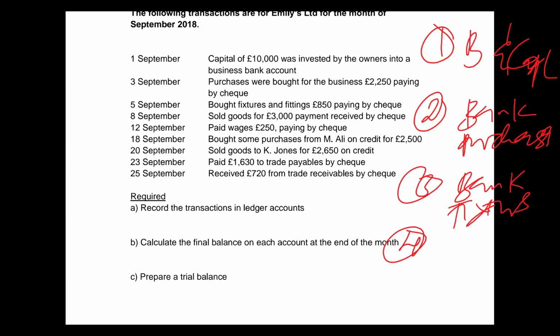Transaction 4. Sold goods for 3,000, payment received by check. So there'll be bank and sales. Then transaction 5.